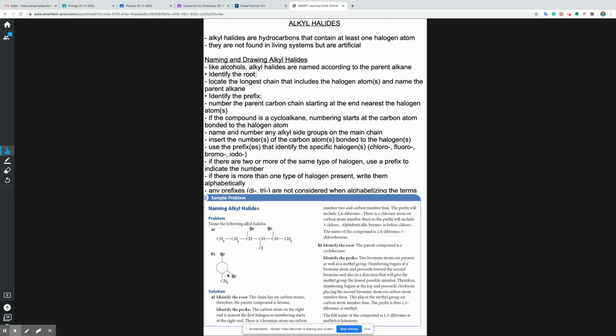We always have to start with a bromo group because it comes first. So we're going to start here. It'd be 1,3-dibromo-4-methylcyclohexane, which it shows down here.